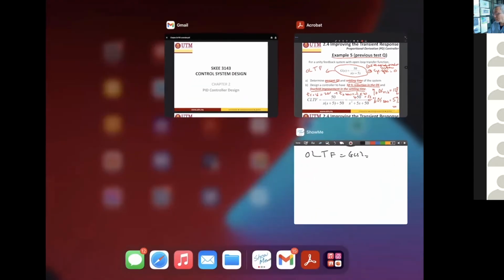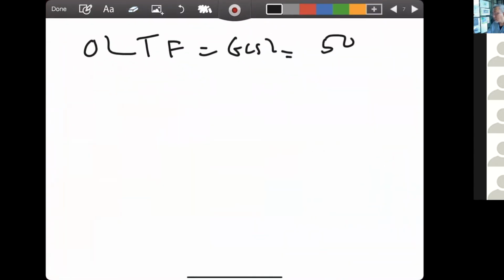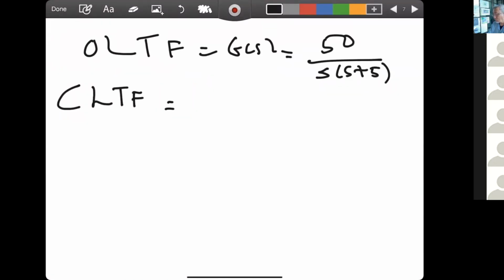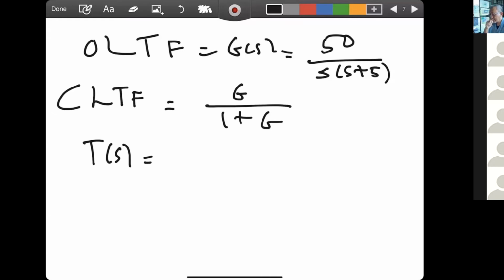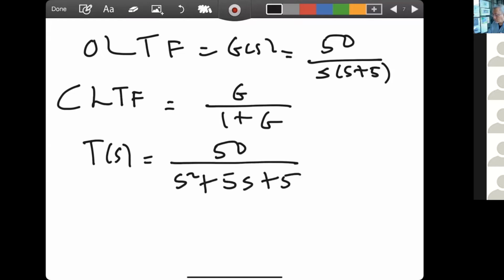50 over S plus 5. Close loop berapa? Cyrus, close loop. Cyrus? Ya, doktor. Ini close loop. Okay.